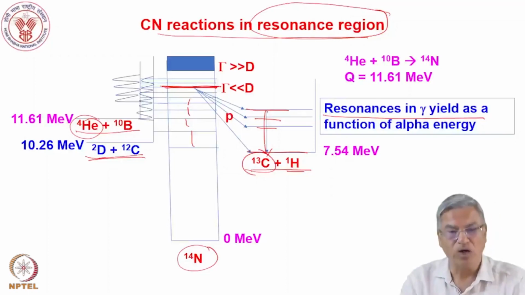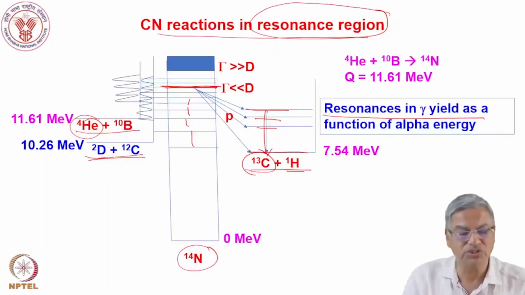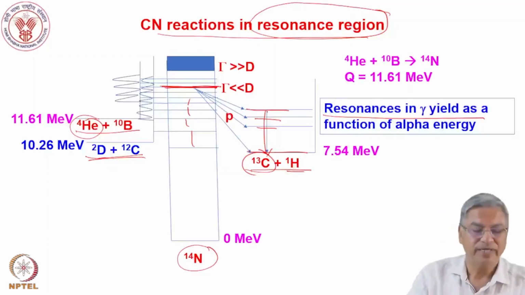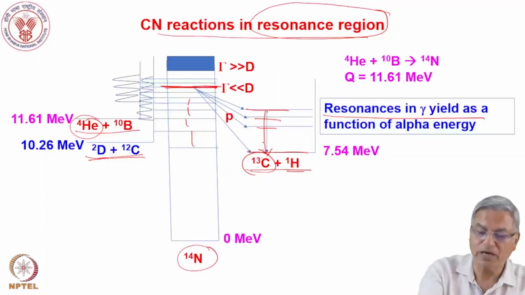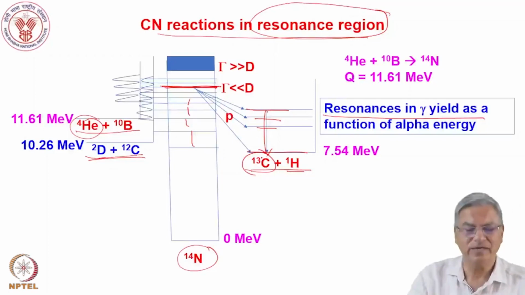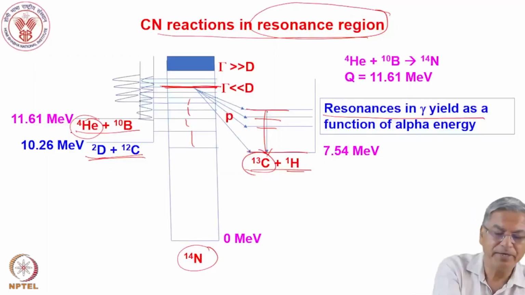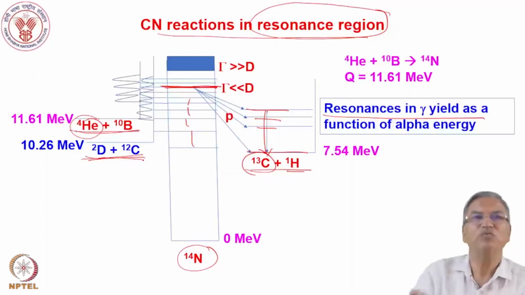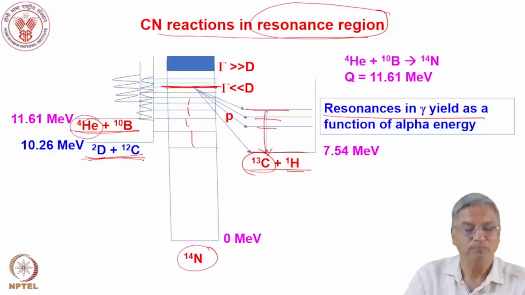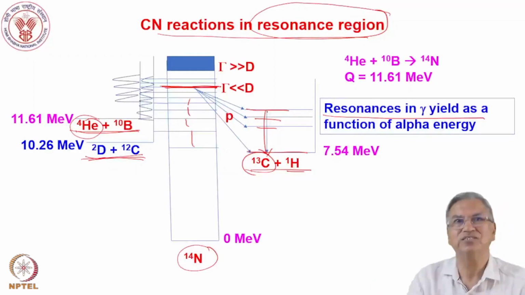What these people found out, in fact, it was done quite early in the 1950s or 60s, is that the characteristic gamma ray spectrum and their yield are independent of which way the compound nucleus was formed. Both these reactions, alpha plus boron and deuterium plus carbon 12, give rise to the same energy states.